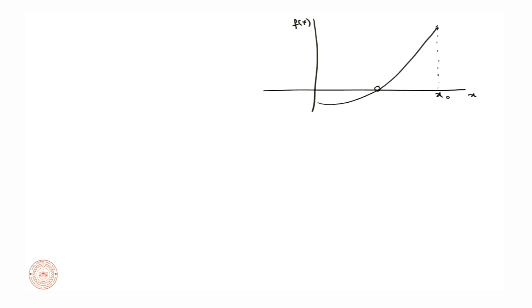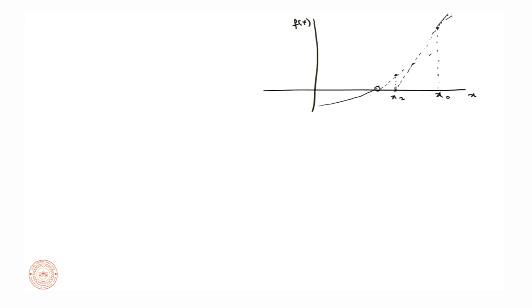We will fit a tangent to this line. This becomes our x of 2. From this point, we will again go and locate our curve. We will again fit another tangent onto this line.